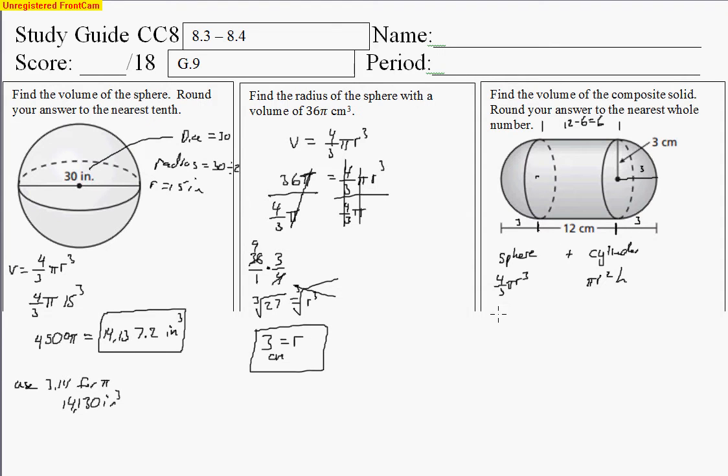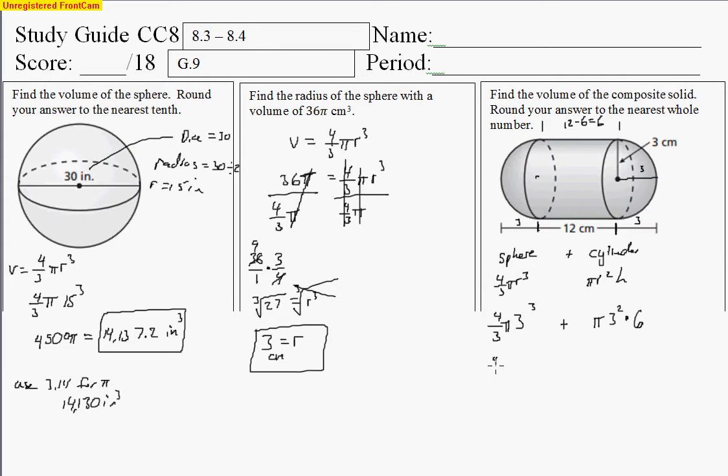So I'm going to go ahead and substitute my numbers in there. 4/3 pi times 3 to the third power. And then I have plus the cylinder, which is going to be pi times 3 squared, because the radius of the cylinder is the same as the sphere, times 6, which is the height of the cylinder.